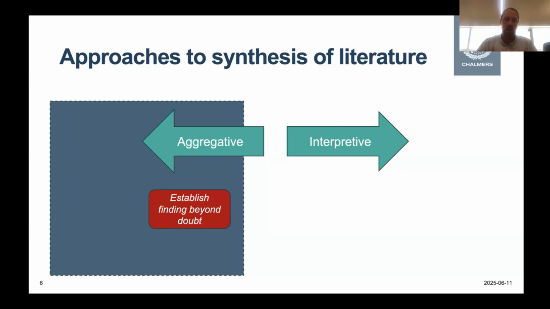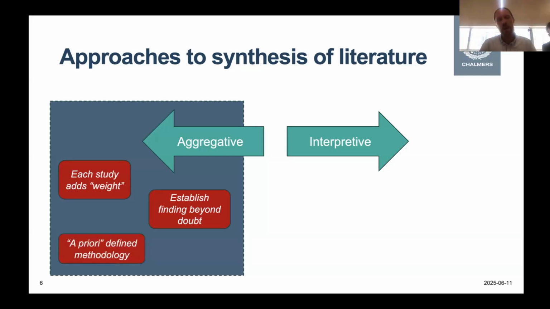It's generally when you have more quantitative methodological focus, you want to gather all data connected to your research purpose or your research question. Each study adds weight, and you have a very clear, a priori defined methodology that you follow point by point.